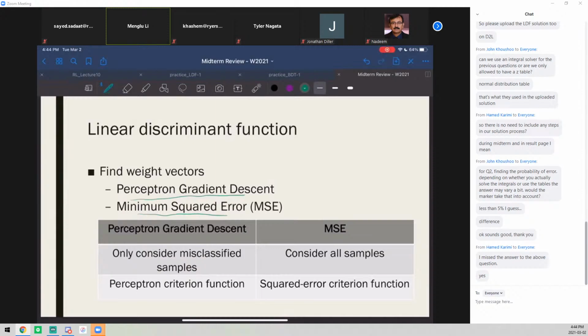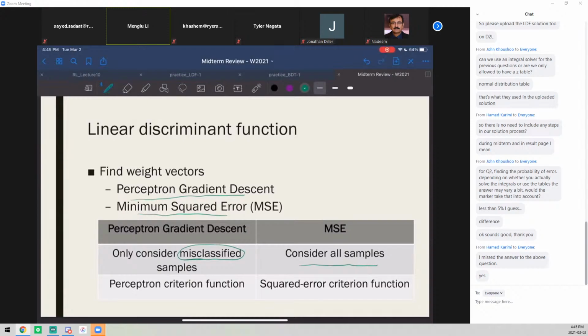For the perceptron gradient descent, the update only considers misclassified samples, so we only use the misclassified samples to update the weight vector. But for the MSE, we consider all samples, whether misclassified or correctly classified, and use all of them to update the weights.